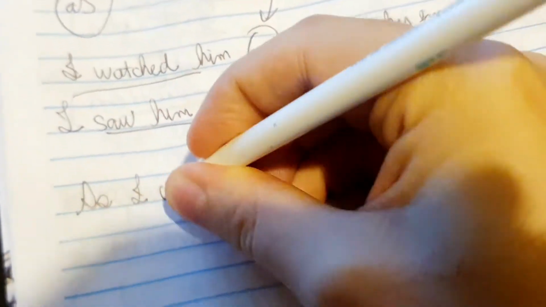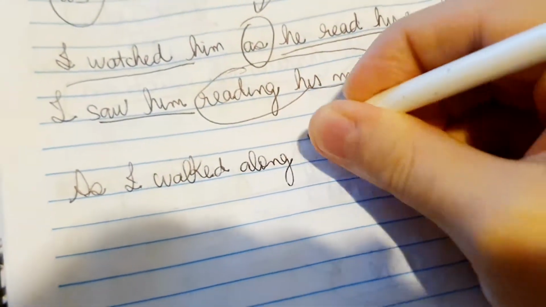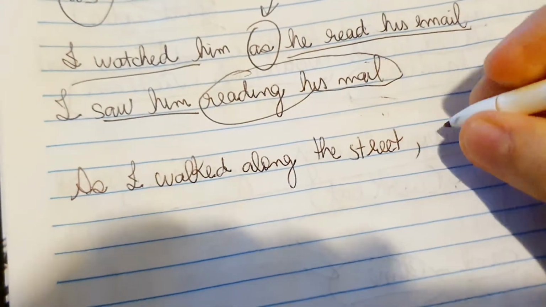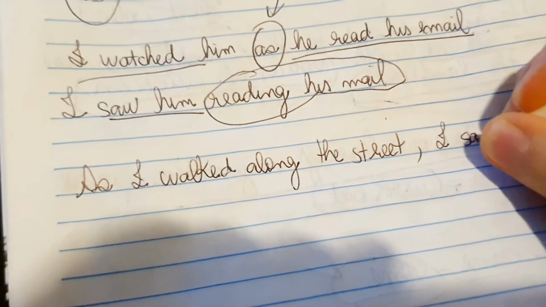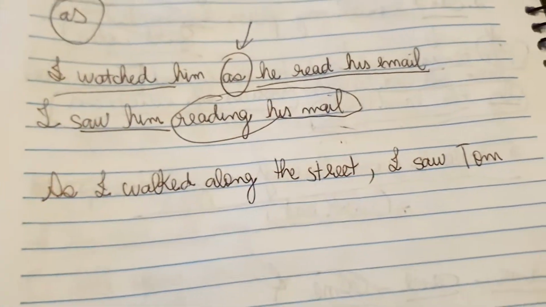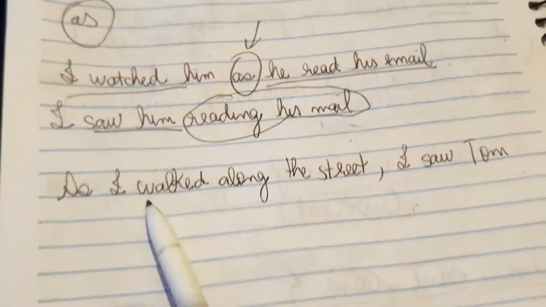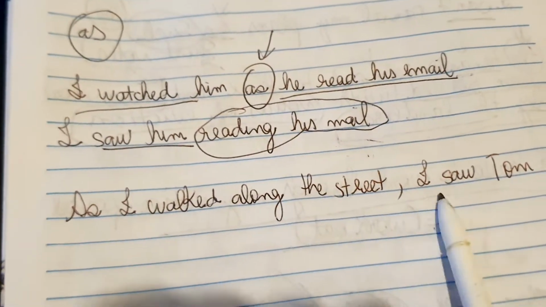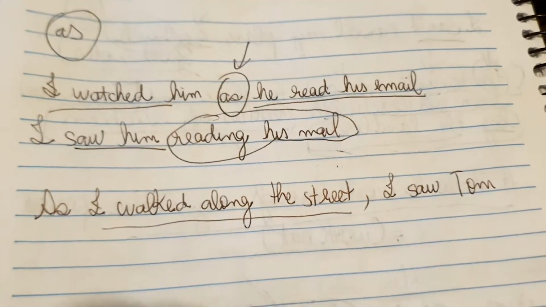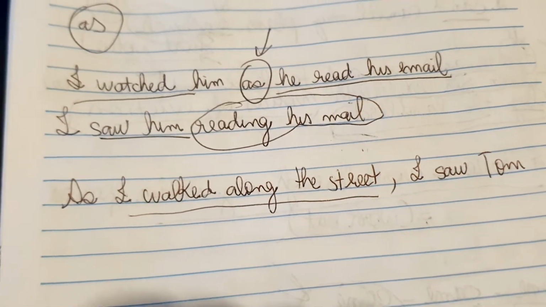Another example. As I walked along the street, I saw Tom. So here we have two different things. As I walked along the street, I saw Tom. I was walking along the street and then I saw Tom, or the situations happened at the same time.